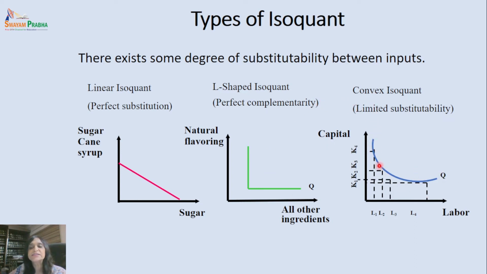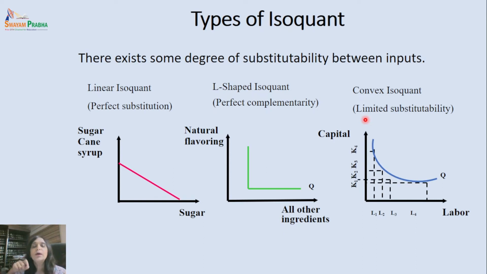The third type of isoquant is convex to the origin. As you can see, this blue isoquant represented by Q is convex to the origin, showing that even though I can substitute labor for capital, they are not perfect substitutes for each other. There is limited substitutability. Labor may not be as efficient as capital, or capital may not be as efficient as labor in the production of something.